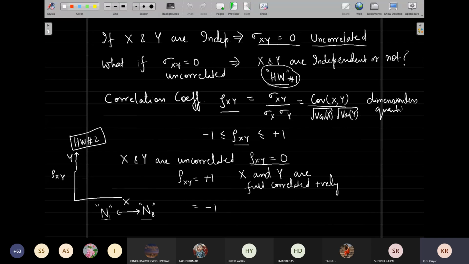And then the covariance. Without going into further details, let me just share with you the quantity which we need to build when X and Y are not independent or not uncorrelated. There we build a matrix called the covariance matrix. People also call it the error matrix.